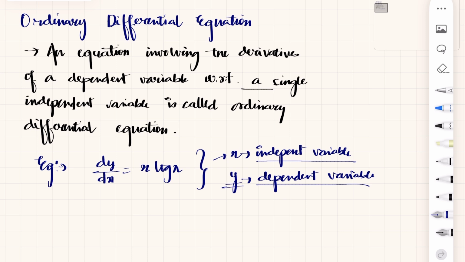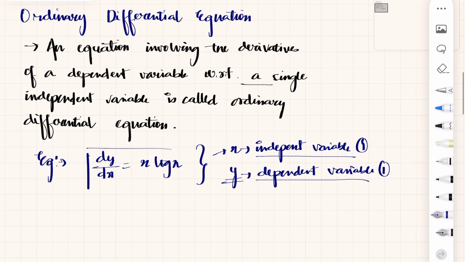So how many dependent variables and how many independent variables are there? Only one each, right?